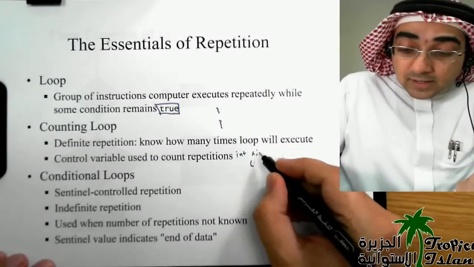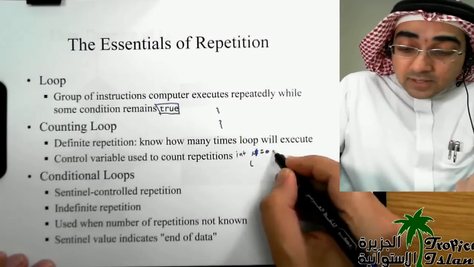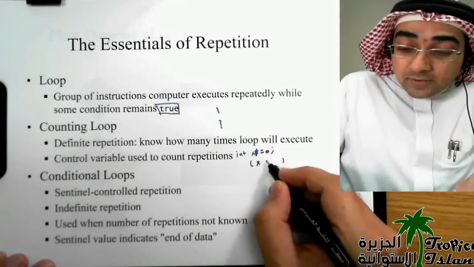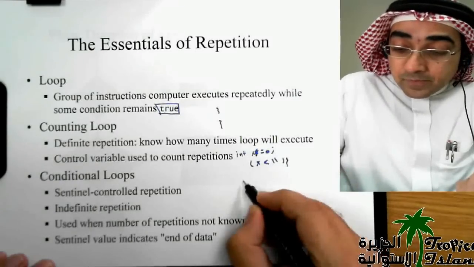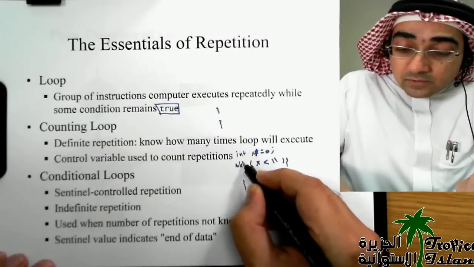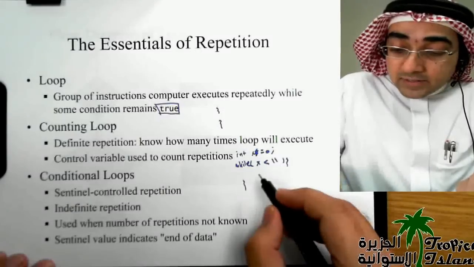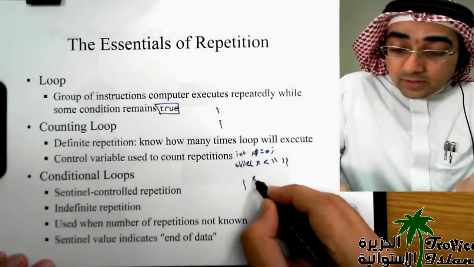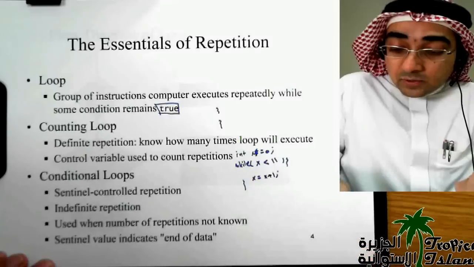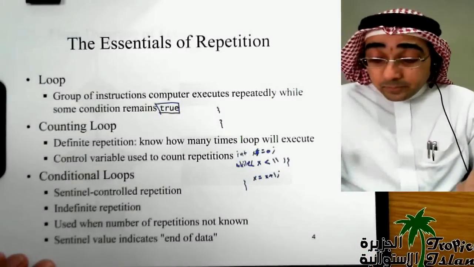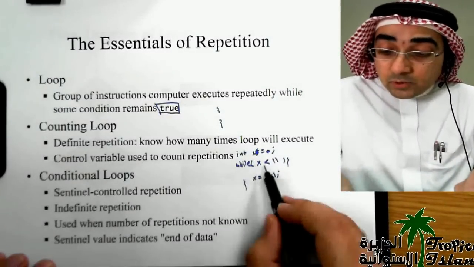You say x is equal to 0, and while x is less than 11, you do something here, and then you say x equals x plus 1. So you add 1 to x at the end of the loop, and you keep on looping.